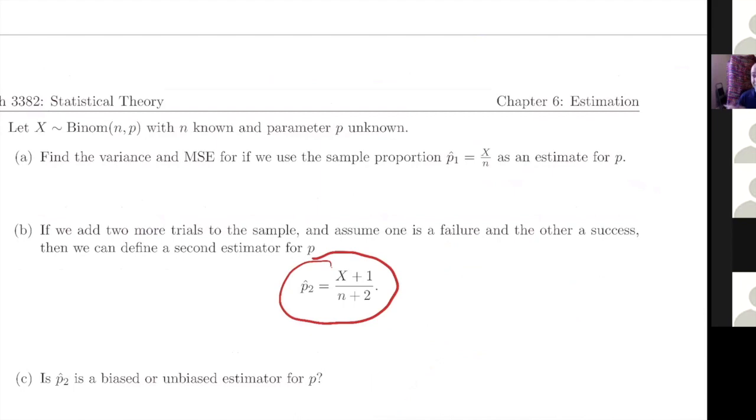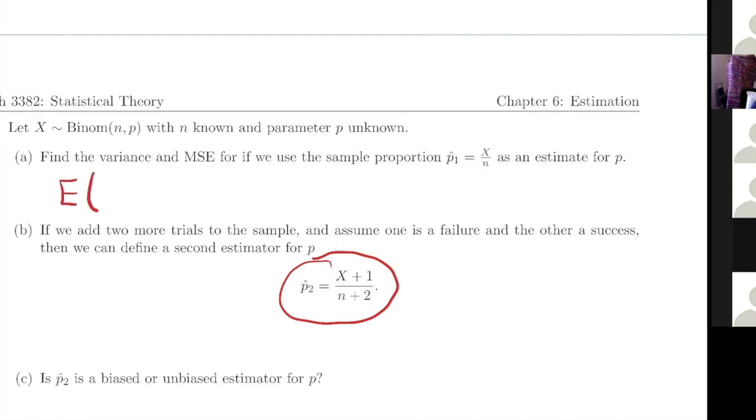So the motivation behind this example is if we want to approximate the population proportion P, a very obvious one is to take the sample proportion, and we've done that.